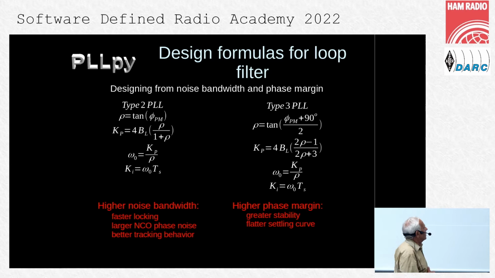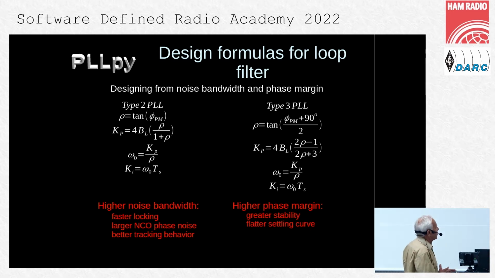As a summary, if you increase the noise bandwidth, the PLL will lock faster, the phase noise will be larger, and the PLL will track the changes of the input phase better.